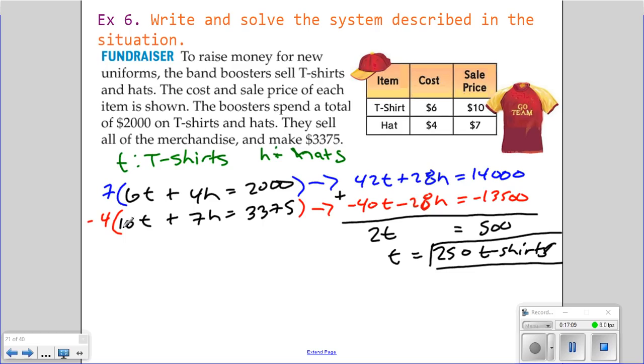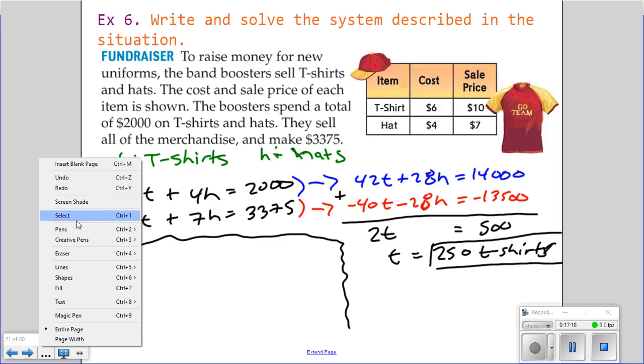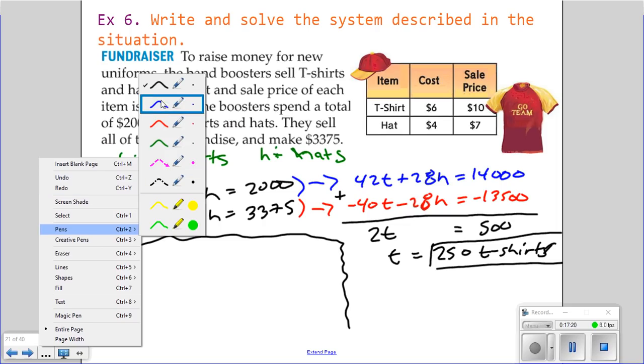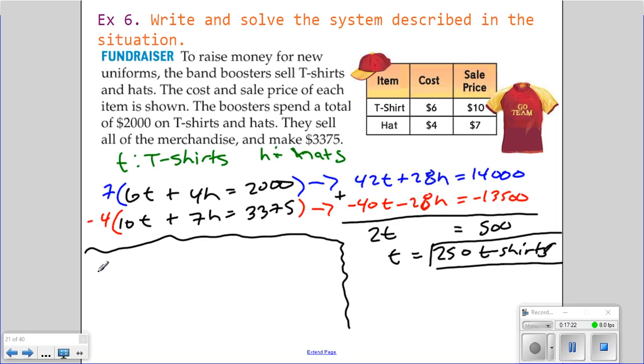Now let's find out how many hats they sold. By taking 250 and substituting it back into the original equation. So 6 times 250 plus 4 times h is equal to 2,000.